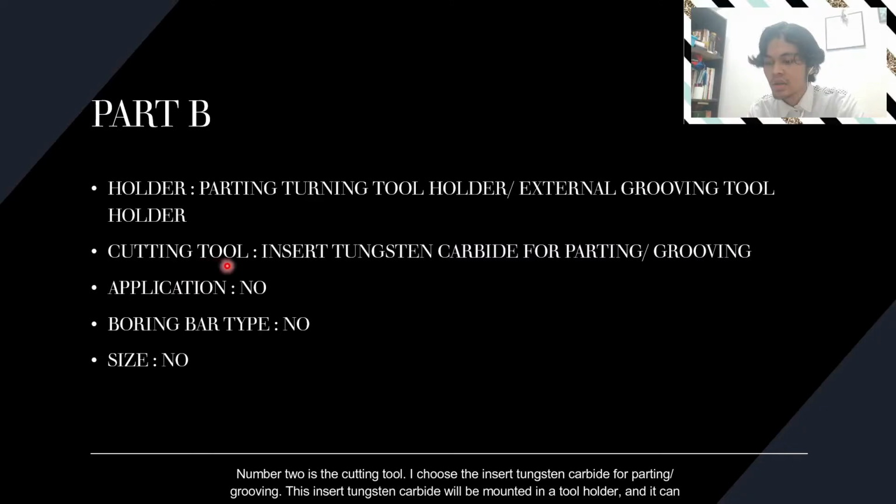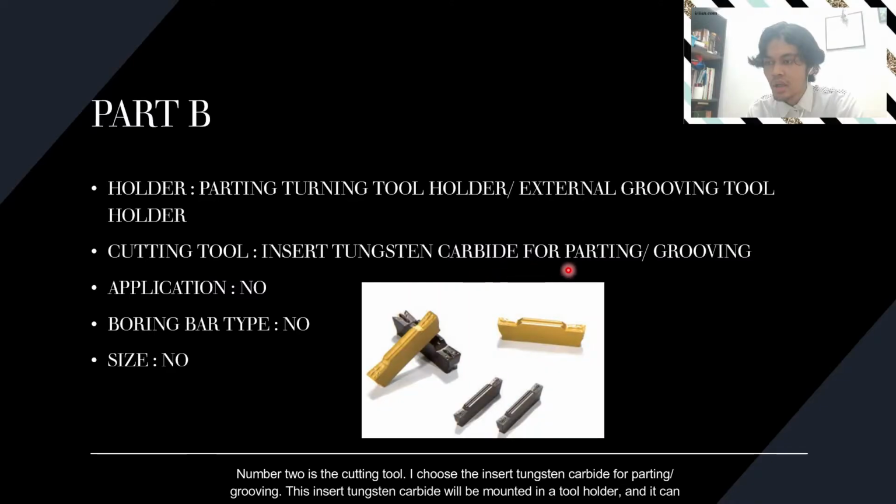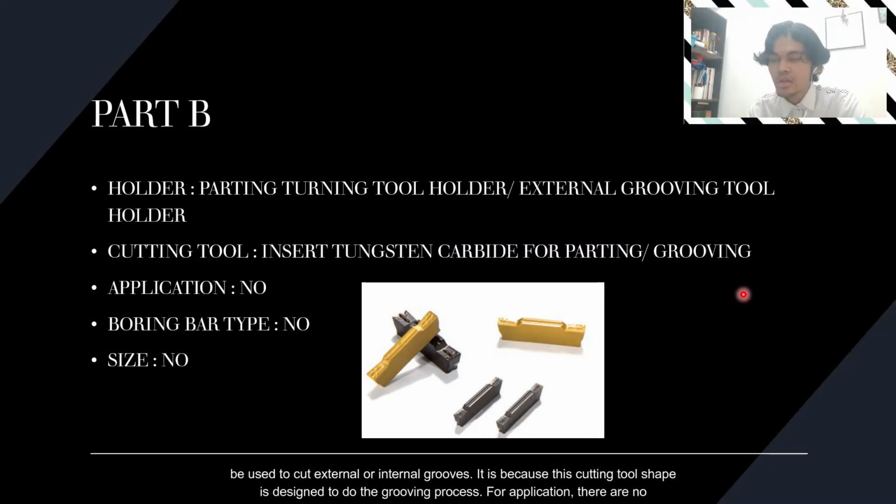Number 2 is the cutting tool. The cutting tool that I choose is the insert tungsten carbide for parting / grooving. This insert tungsten carbide will be mounted in a tool holder and it can be used to cut external or internal grooves.